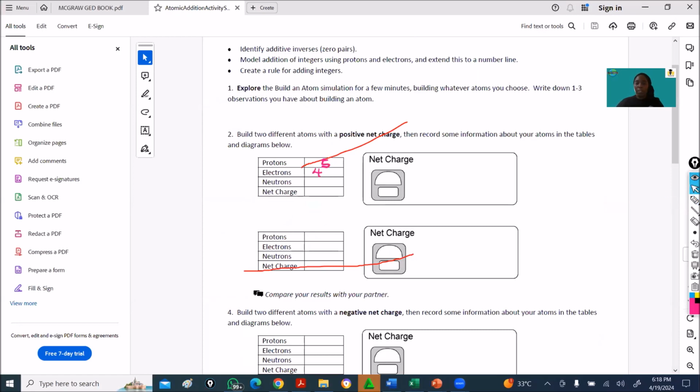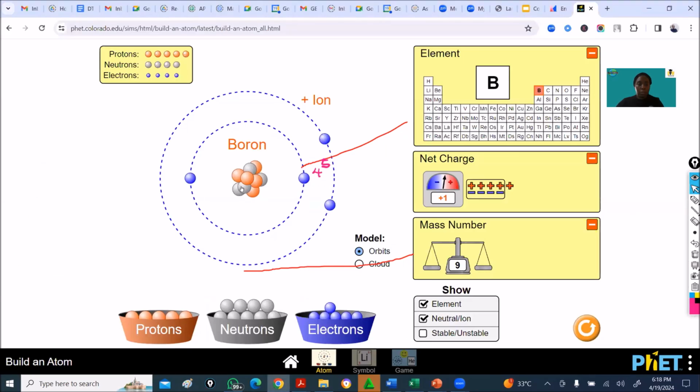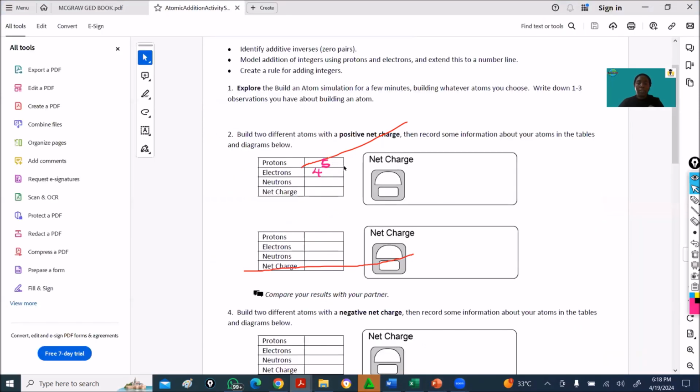How many neutrons? Neutrons 1, 2, 3, 4. I write 4. And the net charge is positive 1. So I've recorded it. Okay. And you do the same.